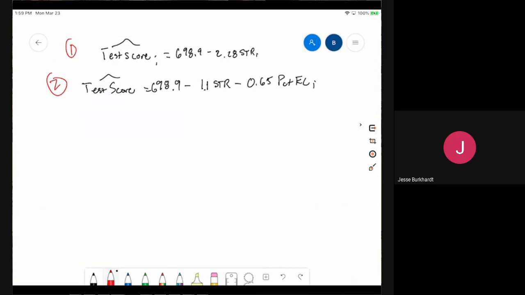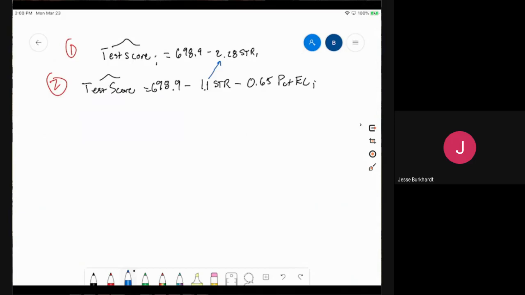We add it to the equation, and that coefficient goes down in magnitude. Comparing negative 1.1 to negative 2.28, we see that there was negative bias indeed in the first regression. Negative in the sense that negative 2.28 is more negative than negative 1.1.